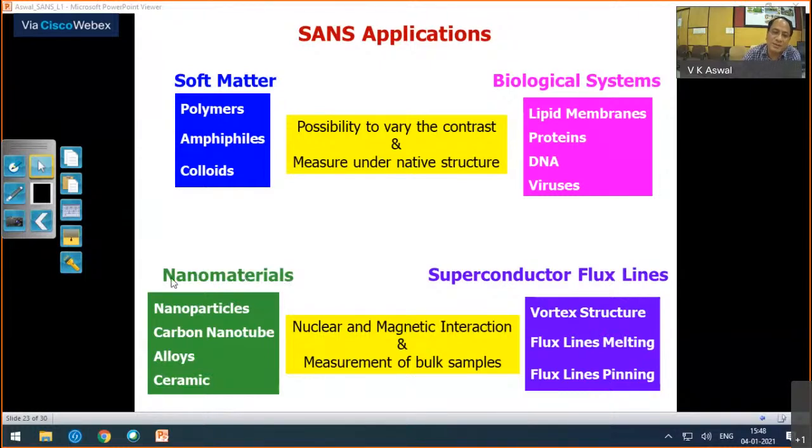You can use SWAXS to characterize a wide range of nanomaterials, but the advantage with neutrons is that you can look at both nuclear and magnetic interaction, and also with neutrons you measure the sample in bulk. Only because neutrons, as you know, are magnetic particles, you can look at the magnetic structure in the system.